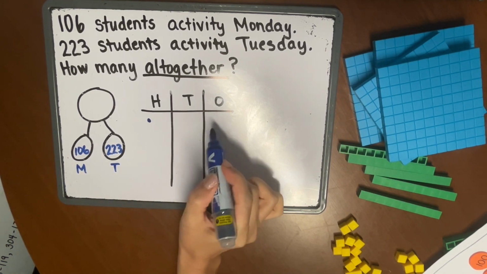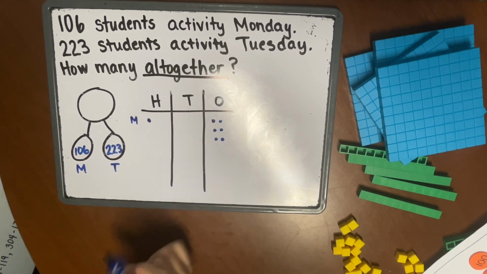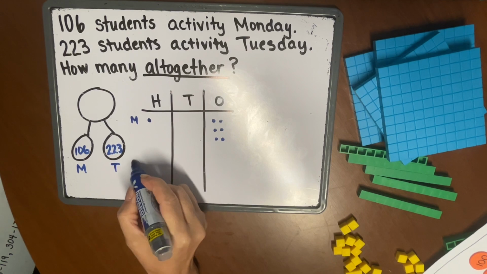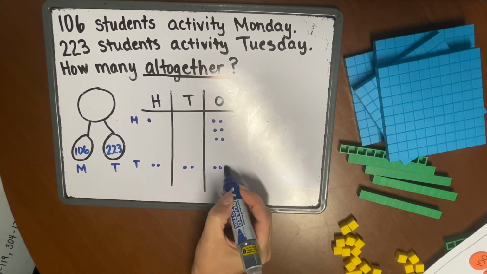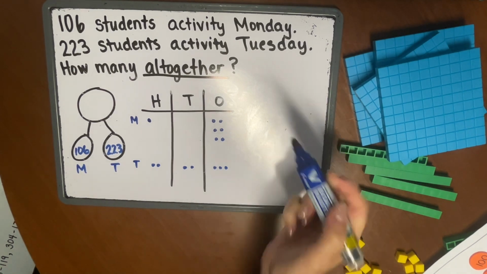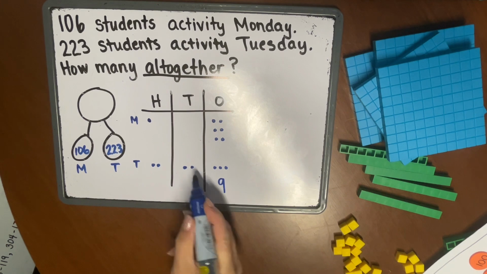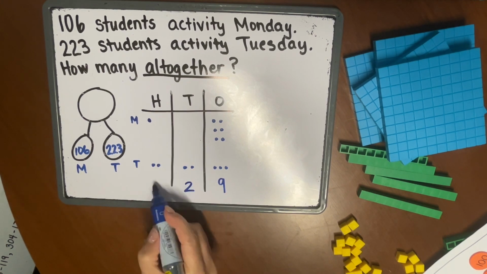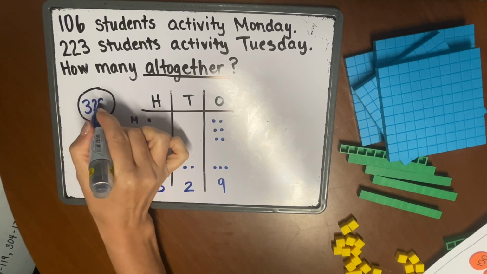So I had 106 on Monday and 223 on Tuesday. And if I add those all up, I can see 6, 7, 8, 9 ones, 2 tens, and 3 hundreds is 329.